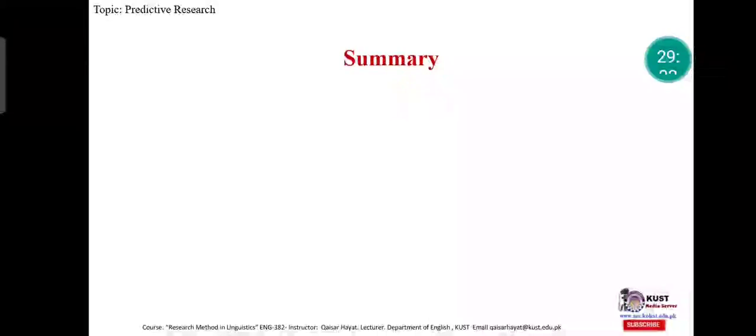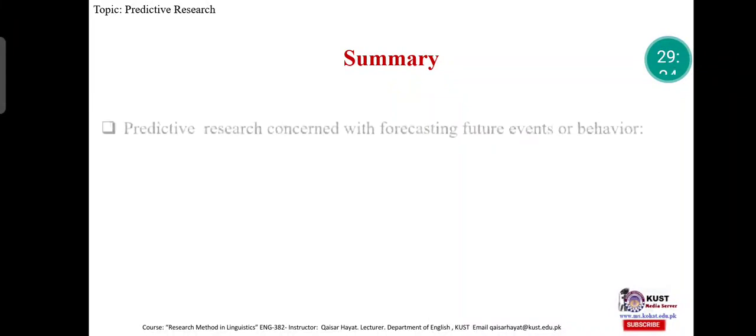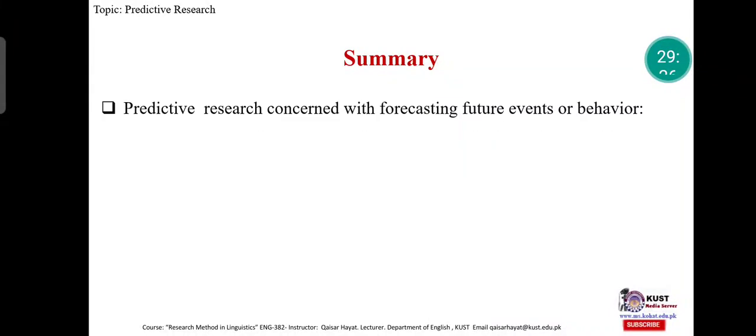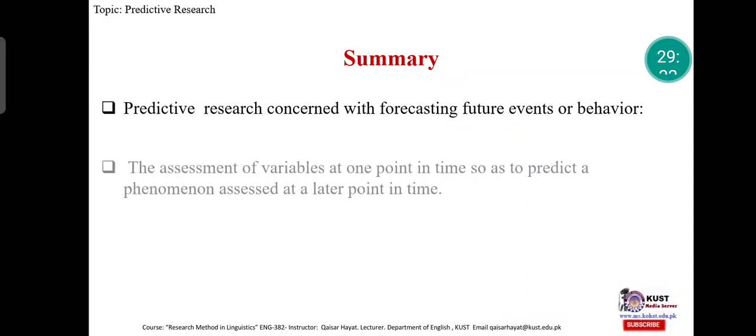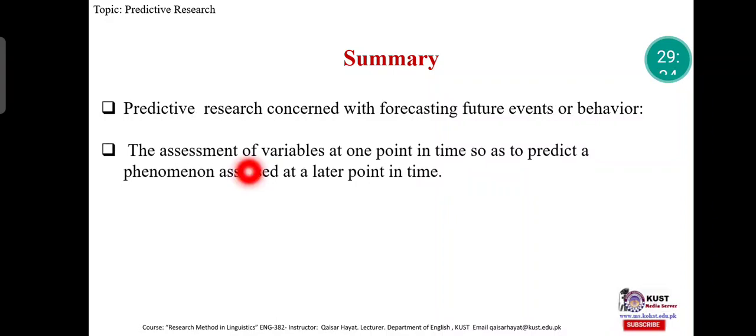After this, let's summarize the whole. Predictive research is concerned with forecasting future events or behavior: the assessment of variables at one point in time so as to predict a phenomenon assessed at a later point in time.